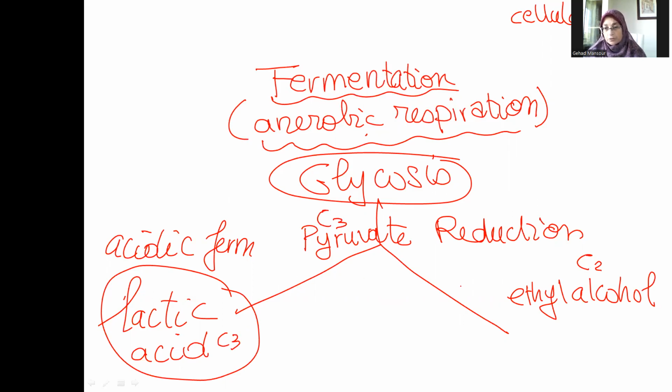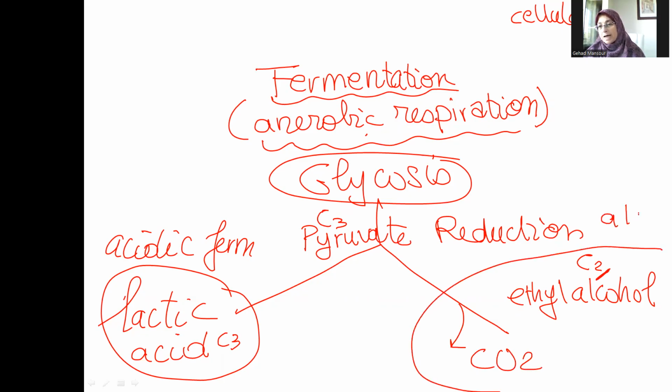So here there is no loss of carbon dioxide, but here, because there is one carbon less, carbon dioxide is released, and this process is called alcoholic fermentation. So in acidic fermentation, you reduce pyruvate from glycolysis into lactic acid only, and in alcoholic fermentation, you reduce pyruvate into ethyl alcohol and carbon dioxide.